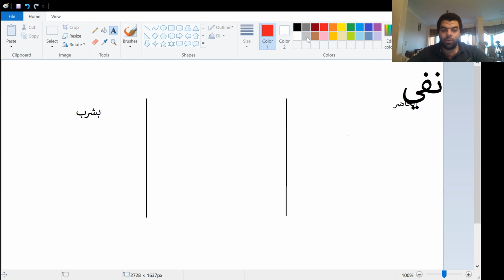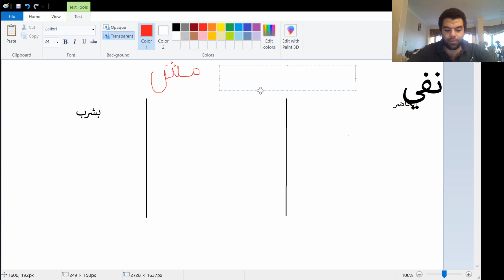What is the word that we use to negate? To negate anything, the word by itself is mish: meem, sheen. It would be better if I typed it there.